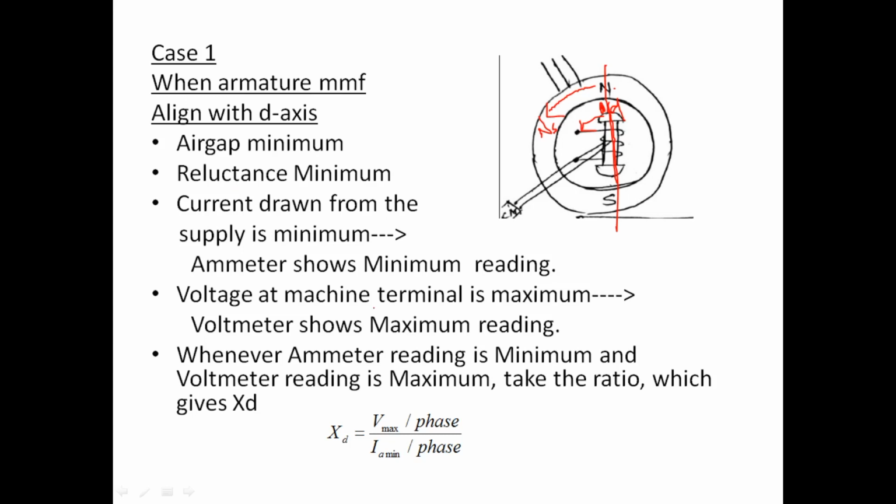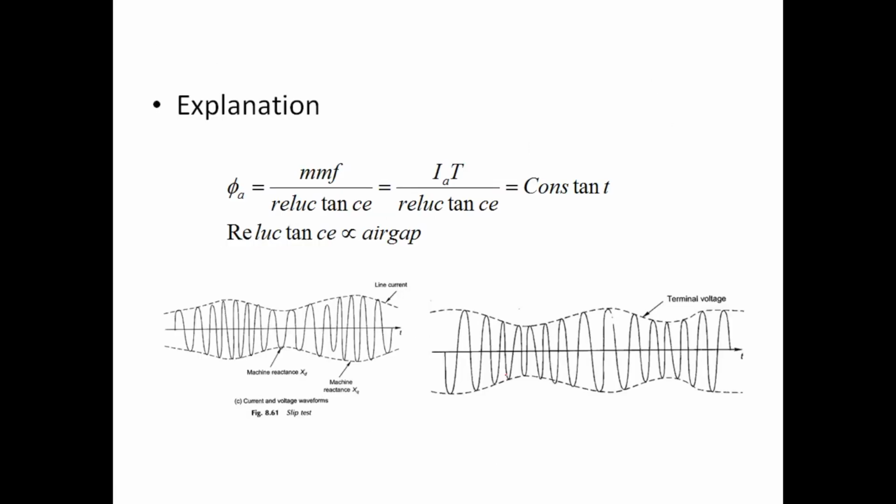When reluctance is minimum, the current drawn from the supply is minimum. That is the explanation I have given in the next slide. So what is flux? Flux is equal to MMF by reluctance, which we discussed earlier.